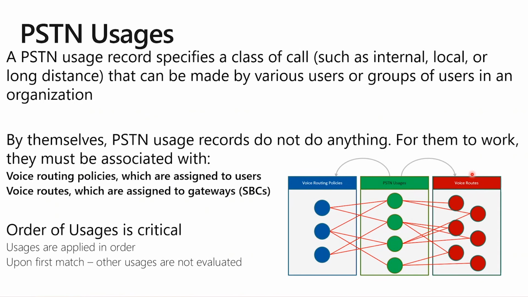And the order of PSTN usages is critical. The first one that matches wins, and others are not evaluated afterwards. So the best practice, of course, is to have your most restrictive policy first and the least restrictive policy last, sort of the catch-all. If all else fails, do something with that call.